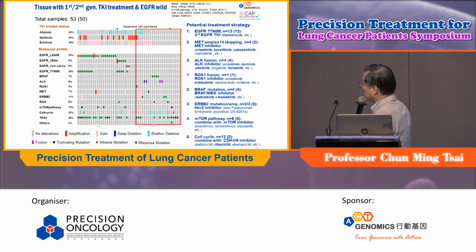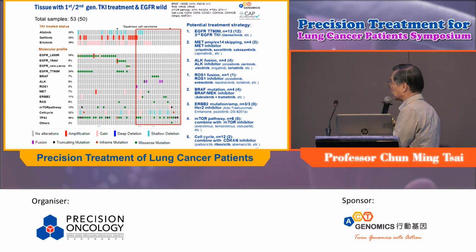In these patients, 13 patients were found to have the T790M acquired resistance mutation, and 4 patients with MET amplification or exon 14 skipping. Now, the numbers here are the patients treated with targeted agents. For these 13 patients, 12 were treated with osimertinib.